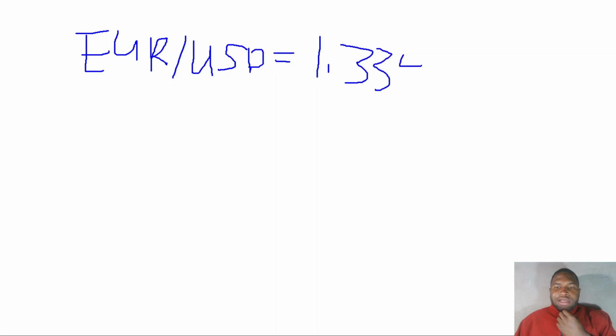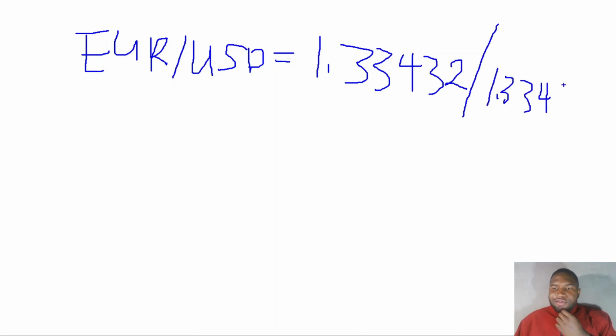If we are to simplify things for our own good, when we are quoting currency pairs, we can write something like Euro USD equal to 1.33432 slash 1.33440.